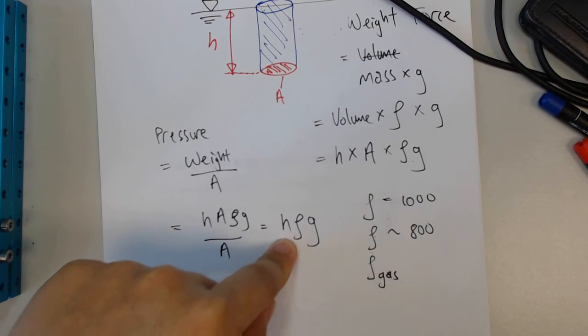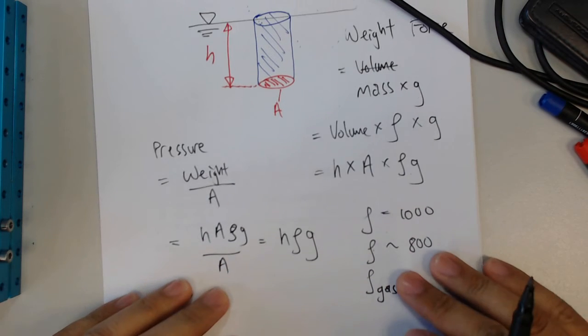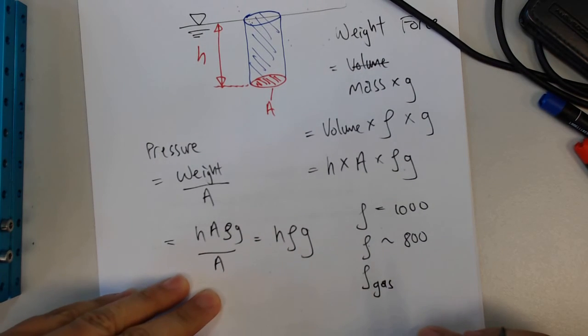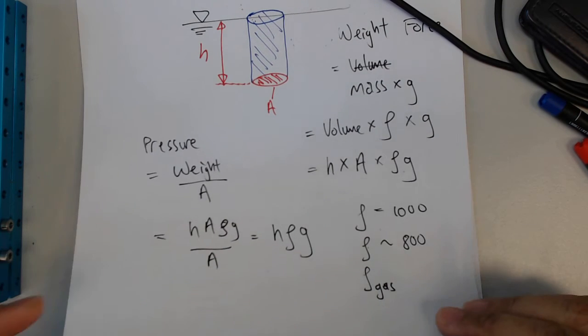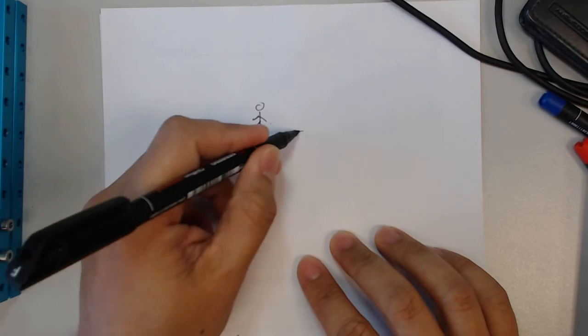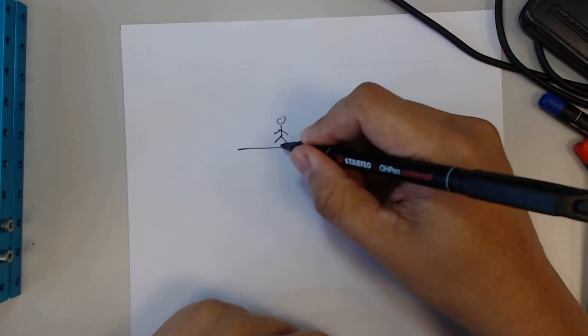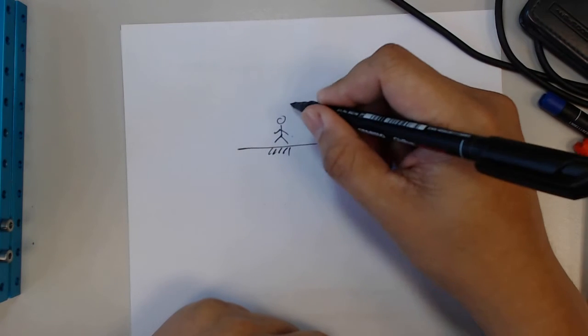If you think about it carefully, which situation will there be gas above a particular surface? The atmosphere. So if you imagine a person standing on the ground, what is actually above him?